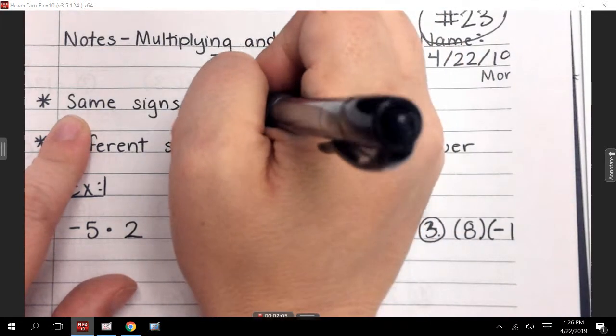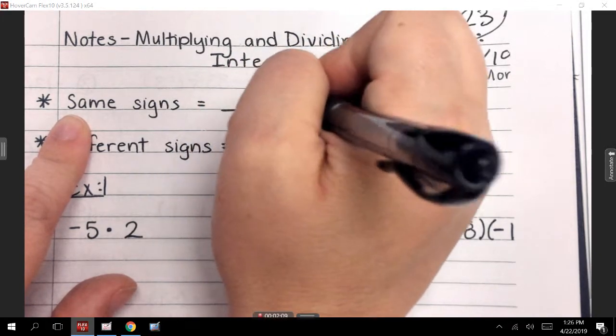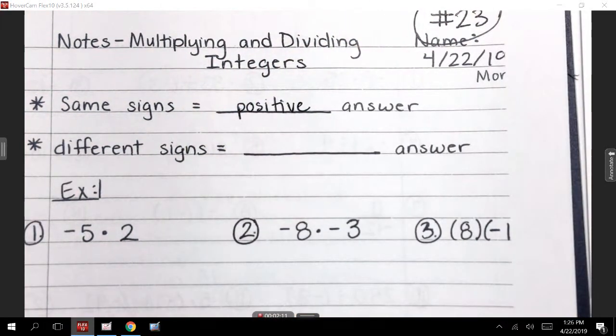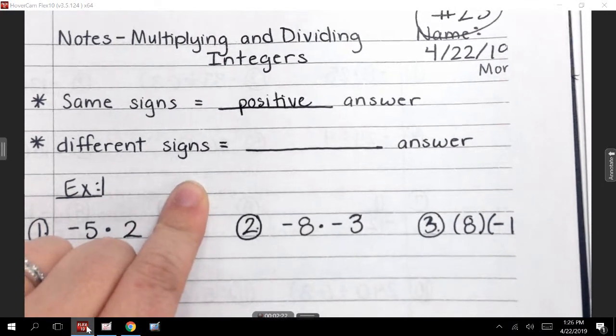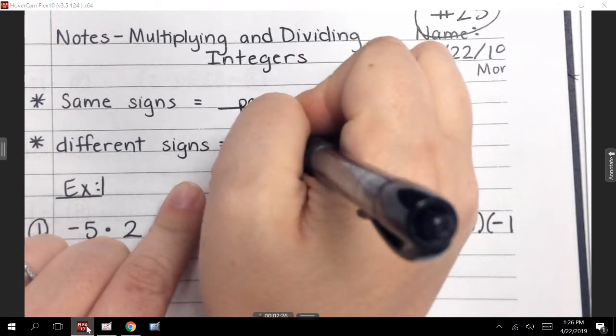A positive answer. Because we can't say addition, positive. We can't say addition since we are multiplying and dividing, but we can say, hey, my answer is going to be like addition where it's a positive. All right? If they have different signs, what type of answer will I need, Shelby? A negative.